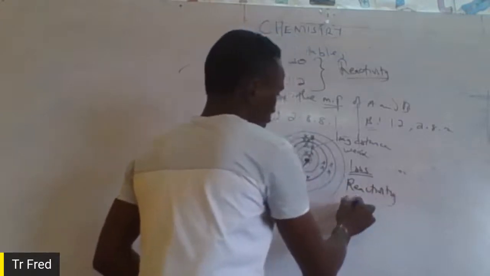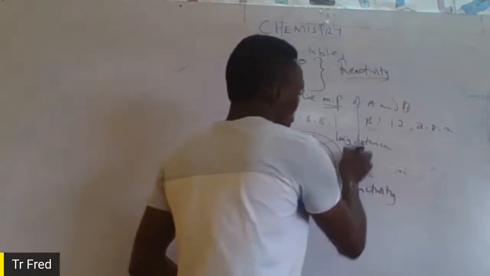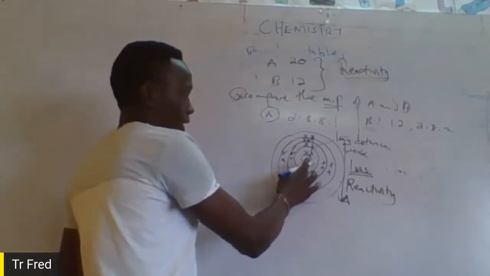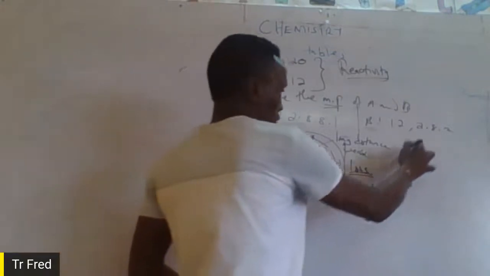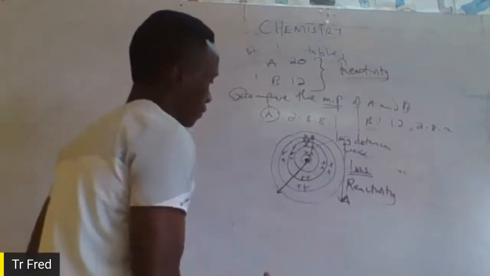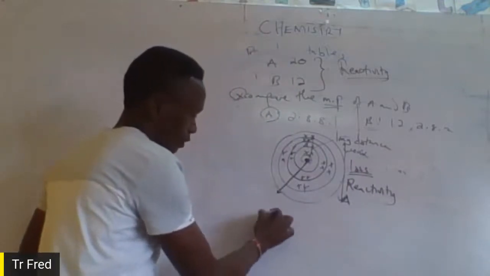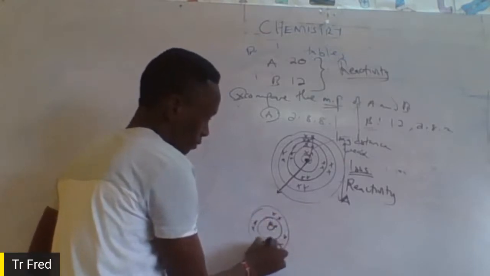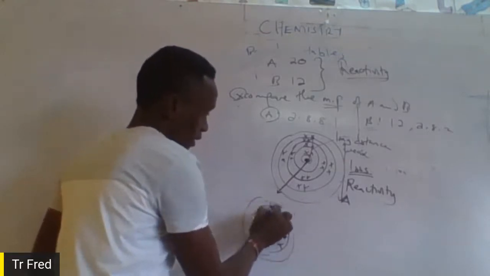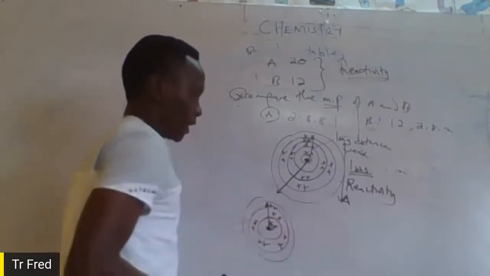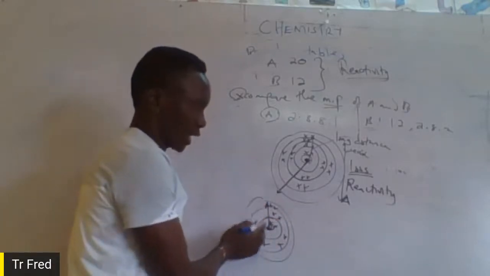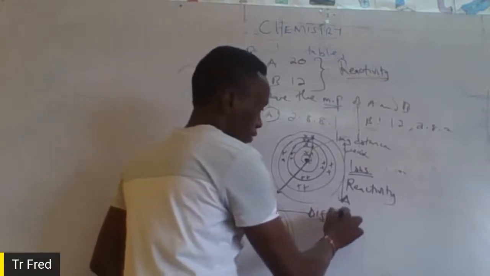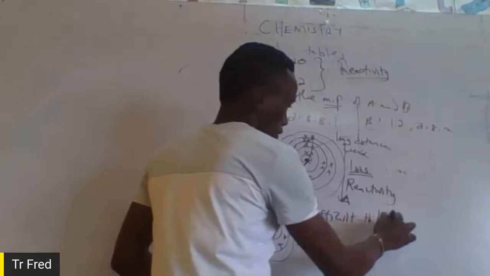Now this one is for A. For A, we have a long distance of attraction between the nucleus and the outermost electrons, leading to high reactivity. While for B, as we have seen, the distance between the nucleus and the outermost electron is very short, and that means that the outermost electrons are strongly attracted to the nucleus and very difficult to be lost to other atoms.